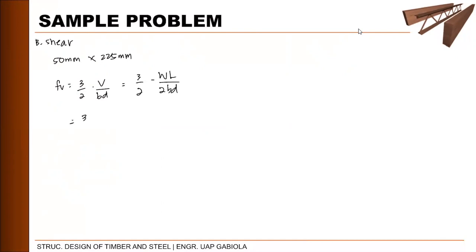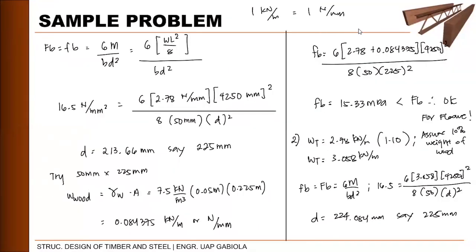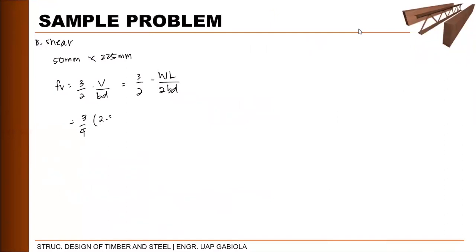Okay? So that will be 3/4. And kung ano yung W natin, so we can use either doon sa dalawa. So, gamitin na lang natin tong eksakto, no? Na value. Kasi base yan dun sa actual weight. So, 2.78 plus 0.0084. That is equals to 2.864.